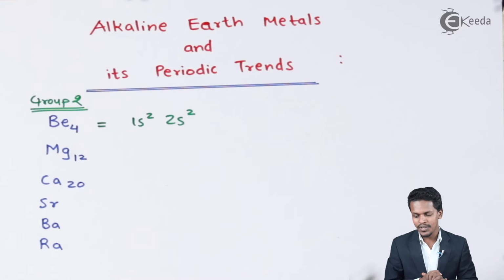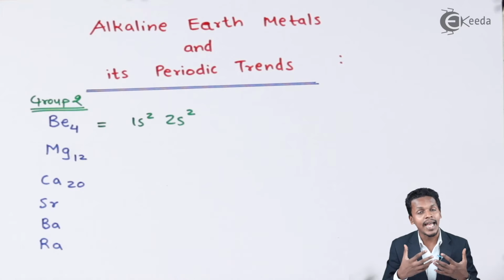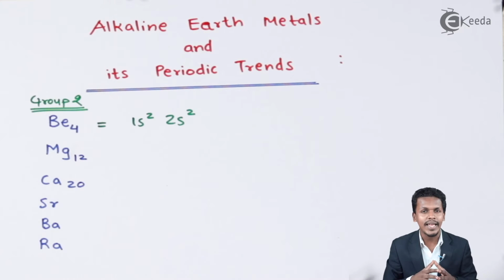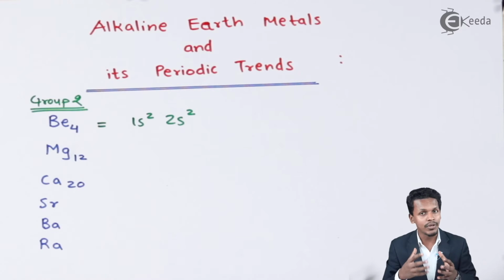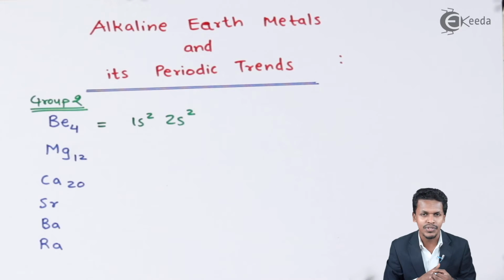So if we observe, talking about beryllium, and comparing the ionization enthalpy of beryllium and radium. Beryllium is the element which has a smaller size, and that's the reason we could say that the last electron is very closely bonded to the nucleus because of the increase in the nuclear charge.